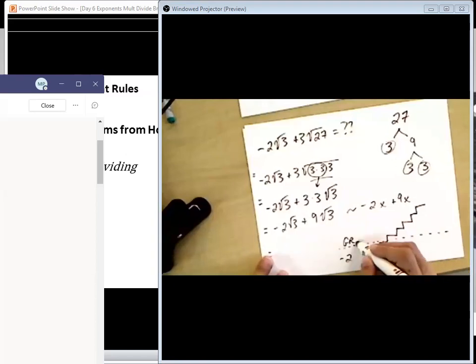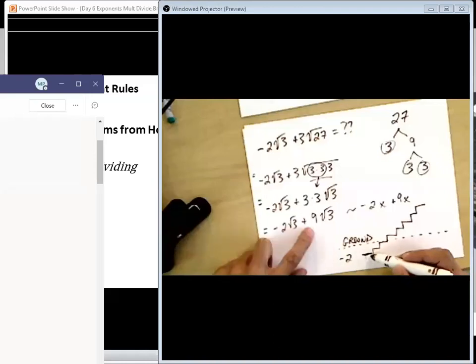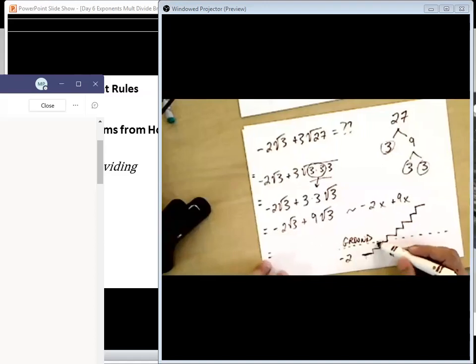So we're down by 1, down by 2. We're here. Now we have to go up by 9. So you go up by 1, 2, 3, 4, 5, 6, 7, 8, 9.